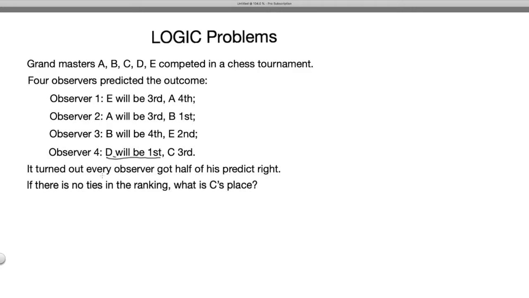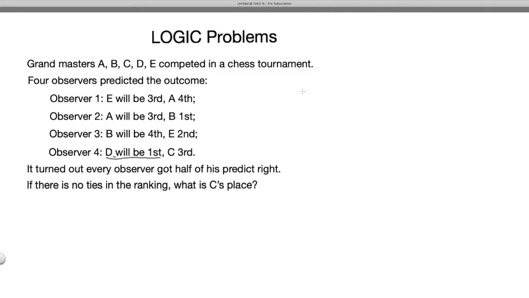It turned out every observer got half of his predictions right. Now the question is, if there are no ties in the ranking, what is C's place? What's C's ranking among those 5 grandmasters? For these kinds of questions, it's very useful to use this technique of making assumptions and deriving from there.